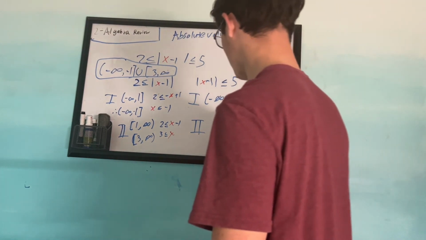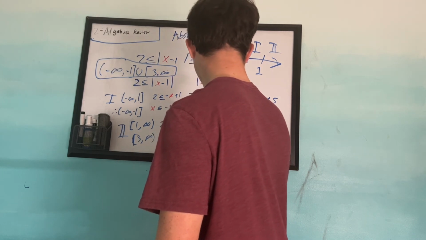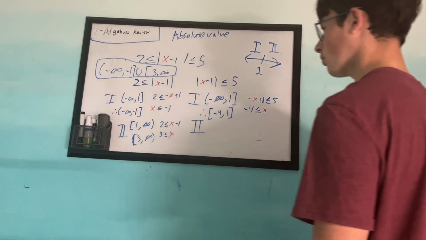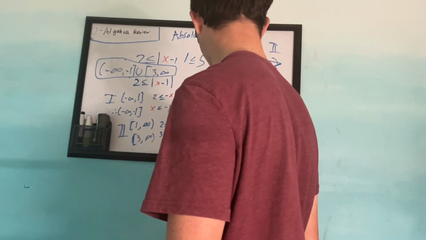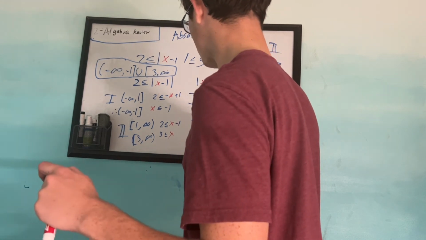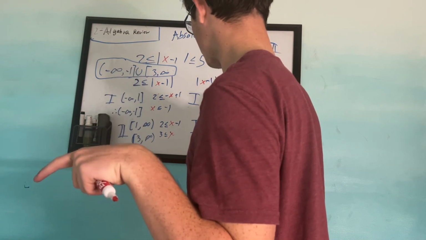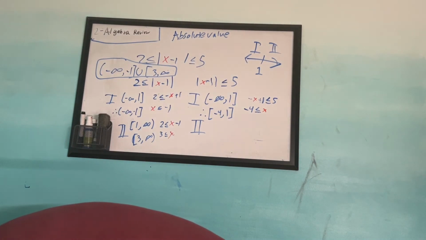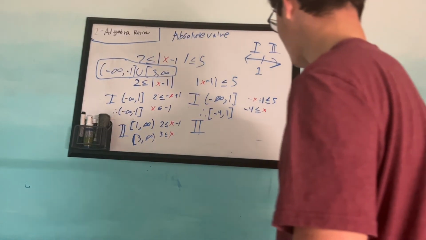We'll be able to say, therefore, we have negative 4, comma 1. I believe that looks right. Oh no, wait. Am I right or am I wrong? I think I'm right. Yeah, I'm right. I don't know why I'm panicking.